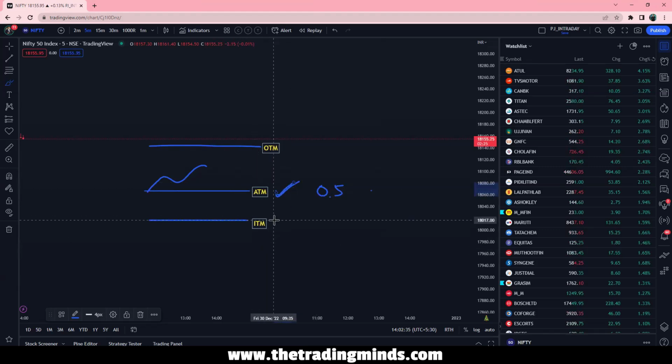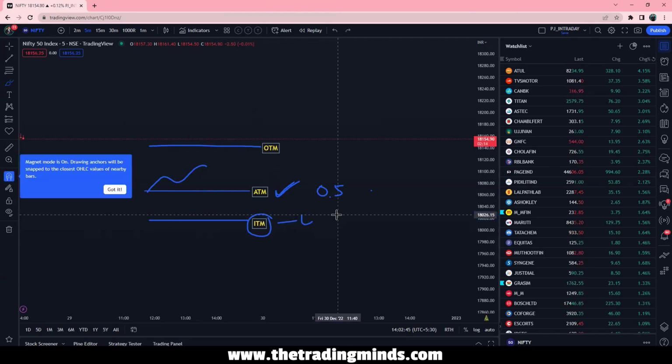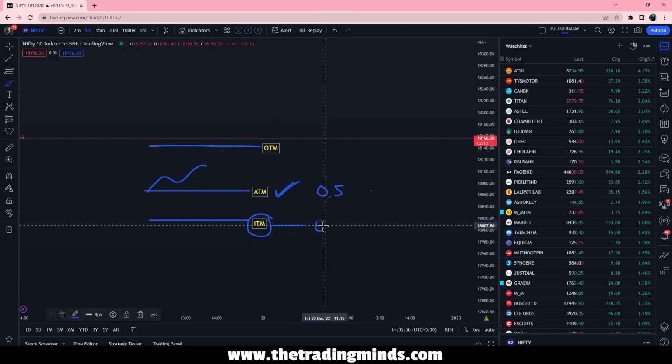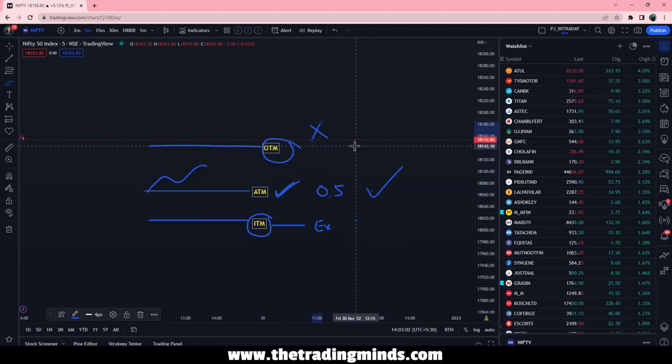And when to trade in ITM? Trade ITM when there is expiry. During the expiry date, whenever there is a weekly expiry or a monthly expiry, always trade ITM on the expiry days. On all other days, you can trade ATM. Avoid trading OTMs. OTMs are risky because they are out of the money.